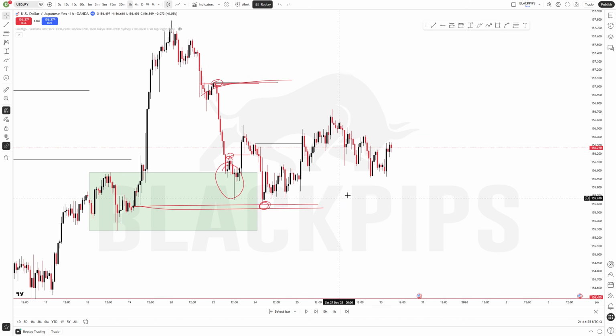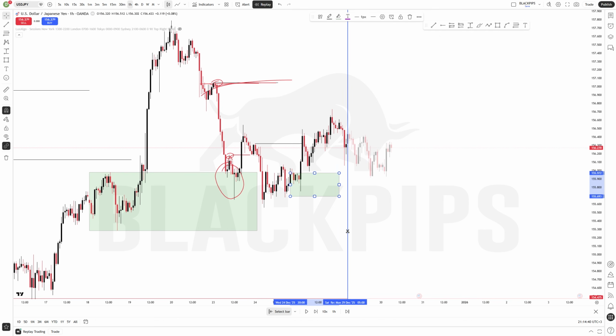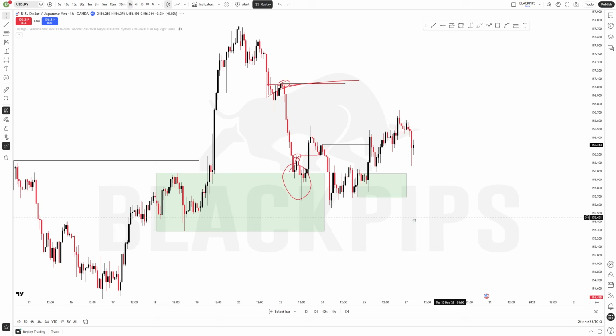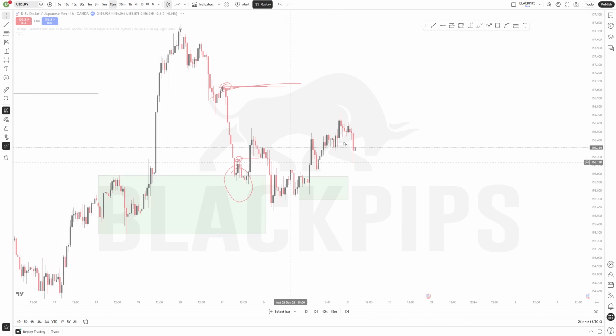So we mark that one, and then you can go back to the lowest time frame, which is like let's mark this one first. Let's mark this one first, and then after marking that, let's cut the chart on this level here, and then let's go back on the 15 minutes time frame.